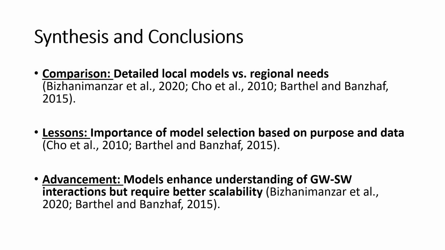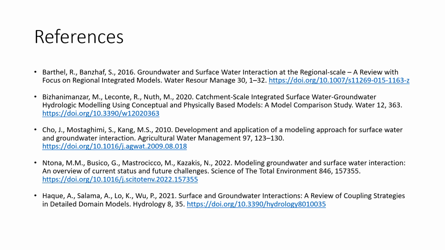Also, the lessons learned are important in order to select the proper model. About the advancement, it is important that we develop a model that can scale up these insights to the regional level. And in this case, that was on the first and the third models.